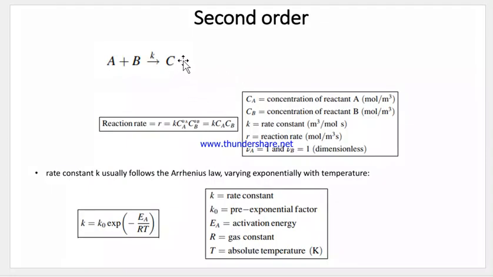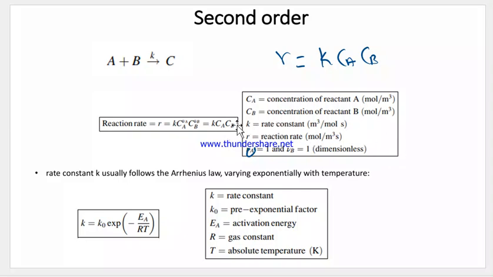If it is second order, that means we have A plus B go to C, and the reaction rate is equal to K CA CB, making it second order. In this case, you can see that the reaction rate constant has units of meter cube per mole second. So we have to balance accordingly.